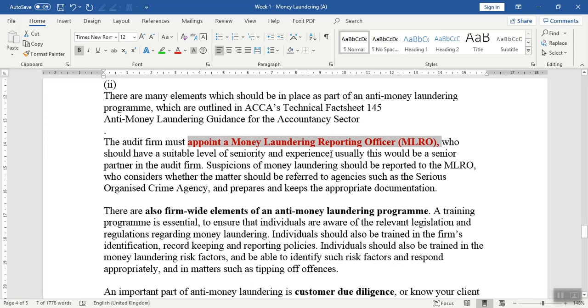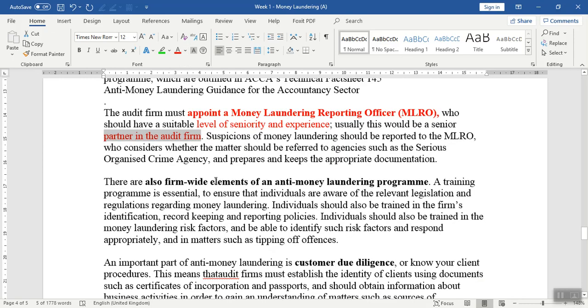I told you the keyword: who is the person, can be at a higher level, the senior partner in the audit firm. What do they do? They will communicate, they will receive the report from their colleague, and if it's necessary, they'll report to the National Crime Agency.